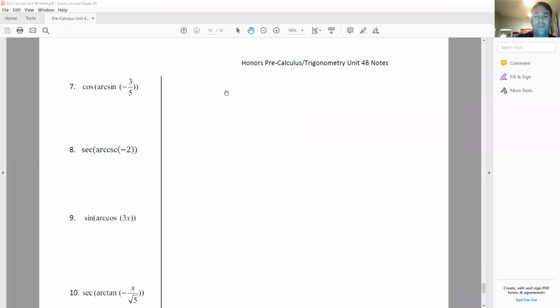All right, let's see how you did. Again, start with whatever's on the inside. So I'm looking for some cosine of theta. So arc sine. Every arc means angle.